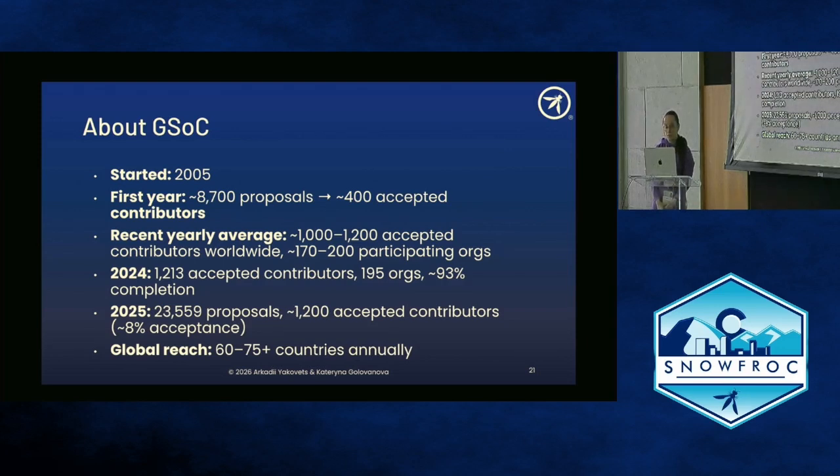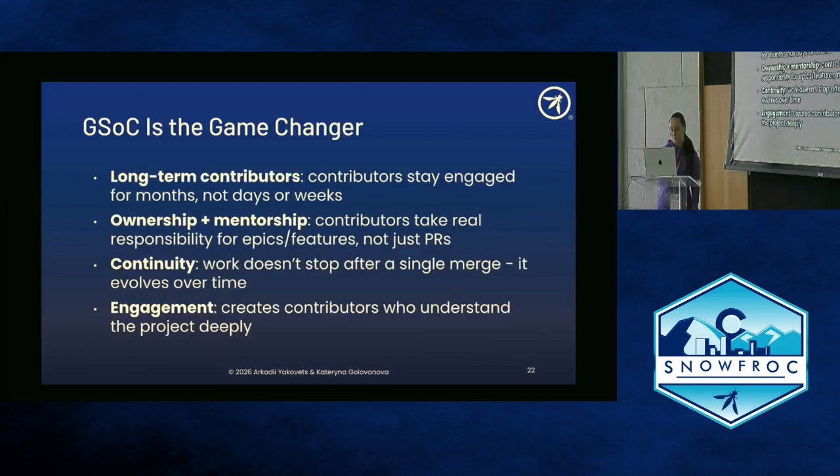In 2025, the acceptance rate was about 8%. So it's really challenging for students to actually get picked. They need to have a really good idea and a really good proposal. And as I mentioned, it's a global program. 60 to 75 countries annually participate in the program.